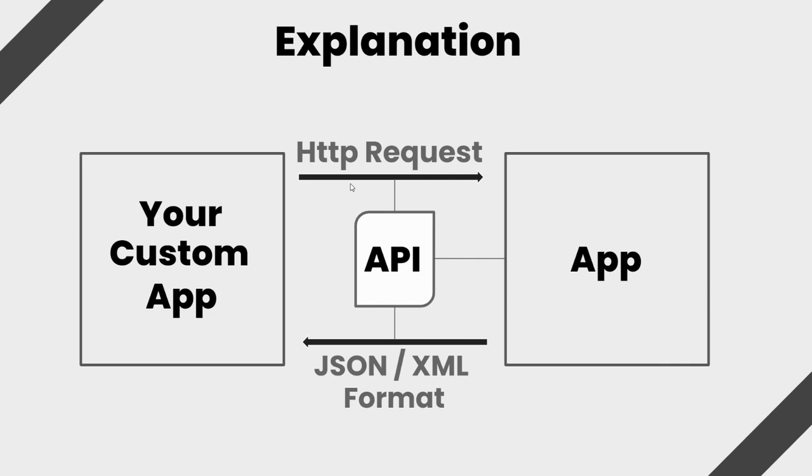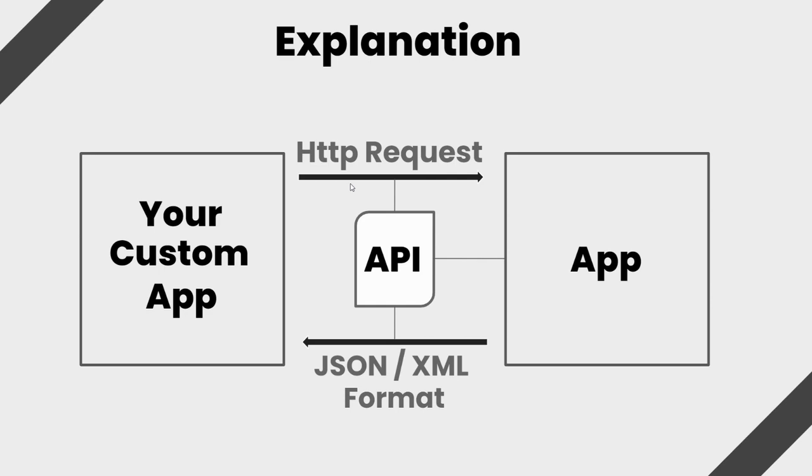So after Google Map has gotten the request from your own custom application, it already knows the required response to give you, which is that picture of Google Map. The next thing it will do is send the response through the API itself.